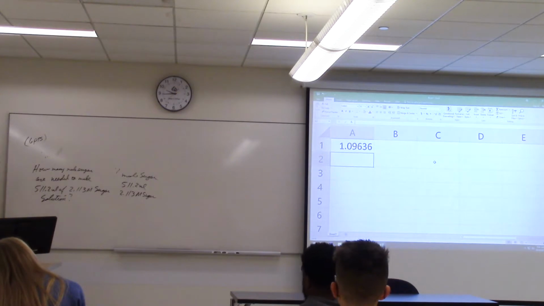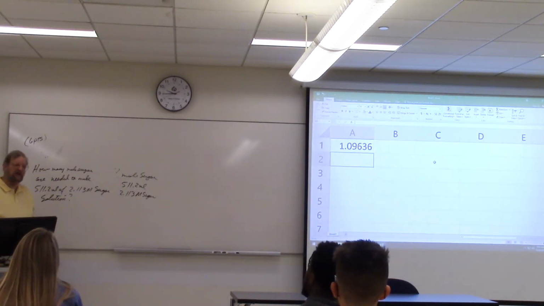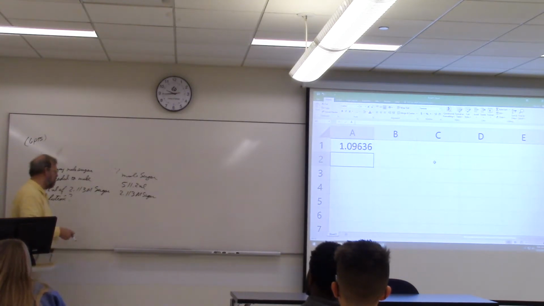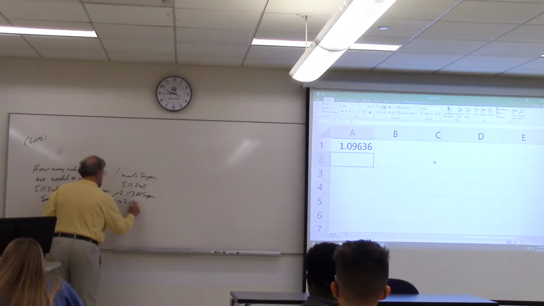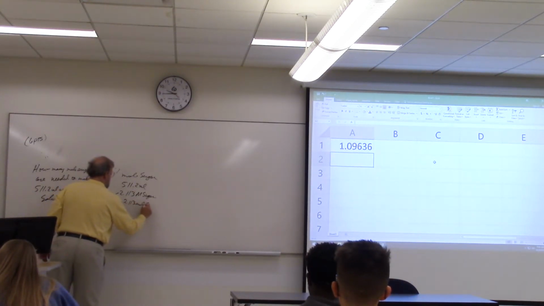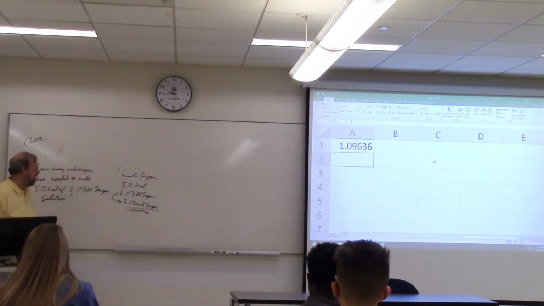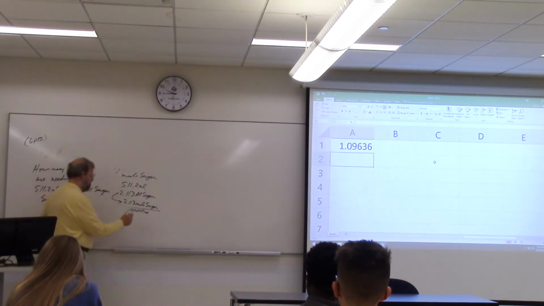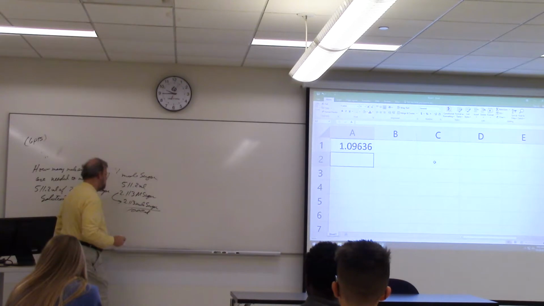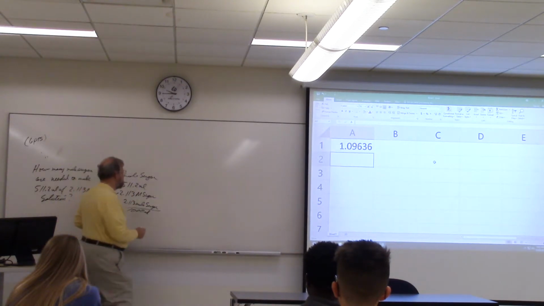And I look at that and I see capital M. I know what that means. Molarity. Moles per liter or moles per 1,000 milliliters. What this really means is 2.113 moles of sugar per 1,000 milliliters. That's better. And now what do I have to start with?